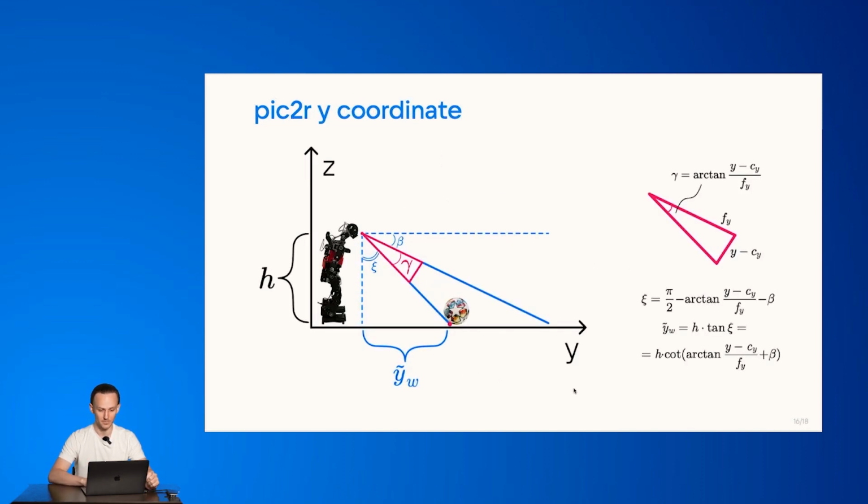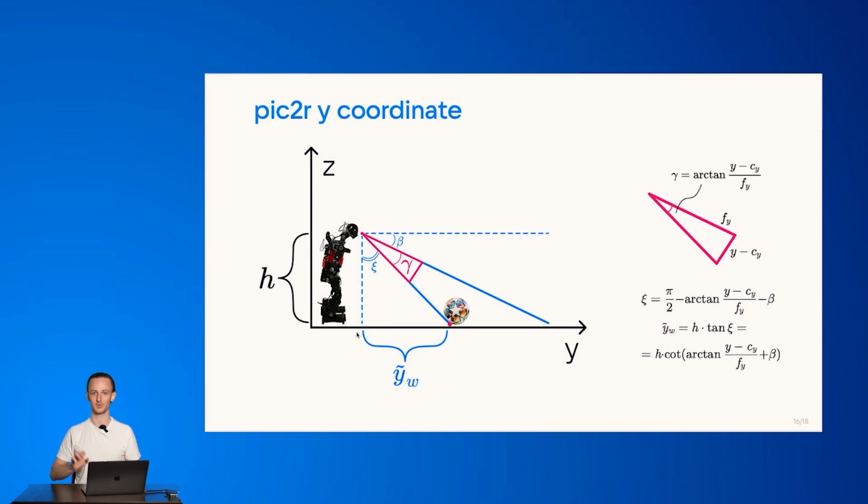Here we have almost the same scheme and a bit of trigonometry. So you can pause the video and try to derive this yourself. What we are interested in is the distance y hat sub w. This is the distance from the robot, or it's better to say from the projection of the camera on the surface, to the ball. Just for clarity, the x-axis of the robot goes to the right.